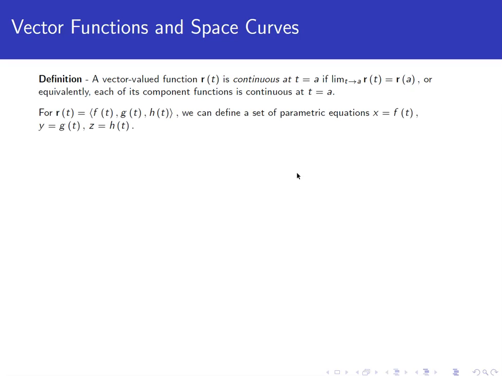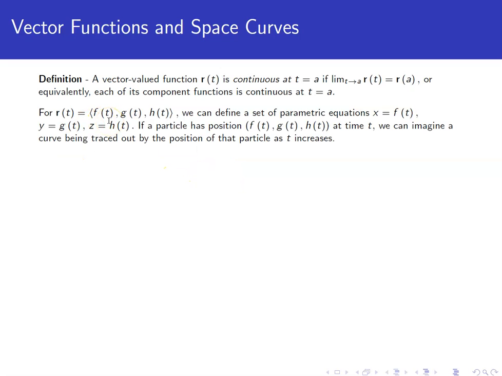All right, so let's switch over to doing graphs of vector-valued functions. We know that if we have a set of component functions for a vector-valued function, we can define the equivalent set of parametric equations, if you will. x equals f of t, y equals g of t, and z equals h of t.